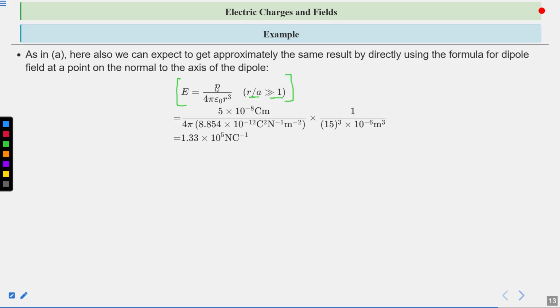Substitute the values of P and 4 pi epsilon naught R cube. The value of P is 5 into 10 raised to the power minus 8 coulomb meter, 4 pi epsilon naught is this one, and R cube means 15 whole cube into 10 raised to the power minus 6 meter cube. Solving this, you will get 1.33 into 10 raised to the power 5 Newton per coulomb.